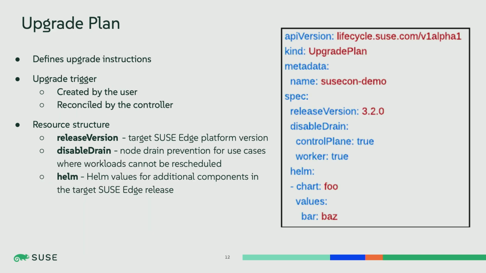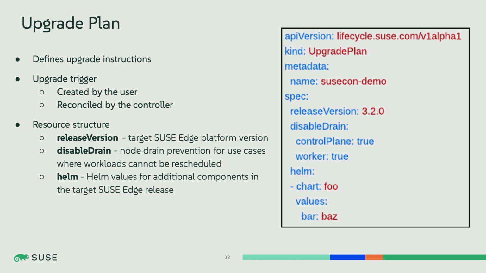Moving further to the upgrade plan, as Atanas mentioned, the upgrade plan is essentially the only user-facing resource that the user actually configures and deploys. It acts as a trigger for the upgrade process and describes to the upgrade controller the specifics of the upgrades that need to happen for a specific environment.